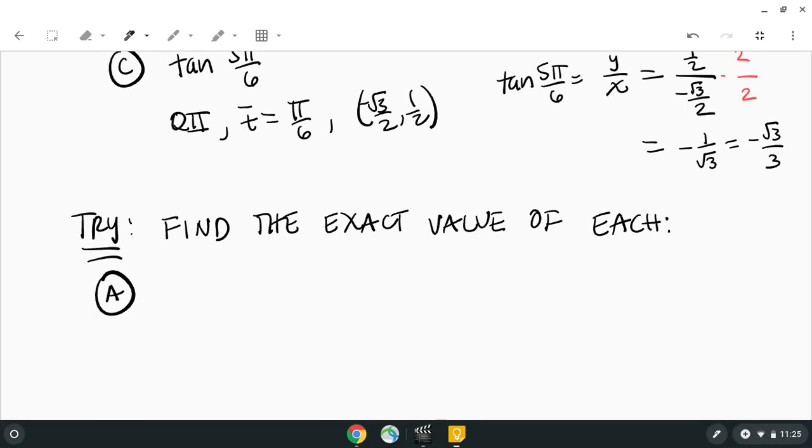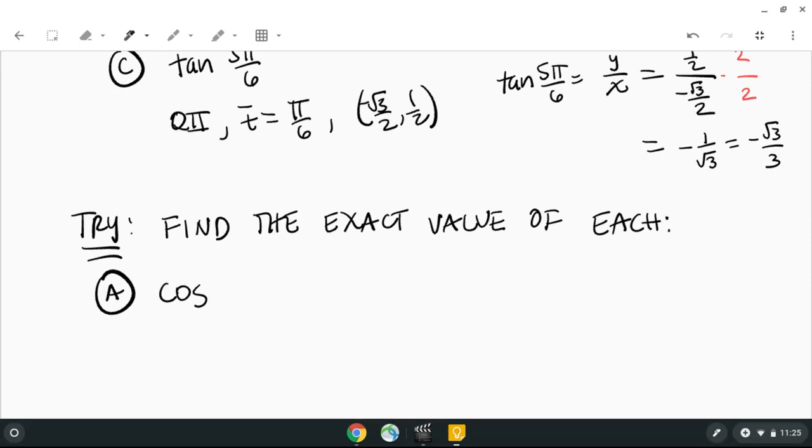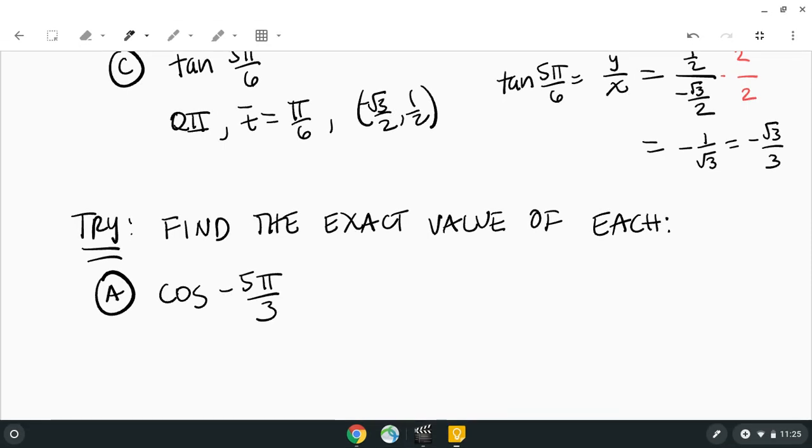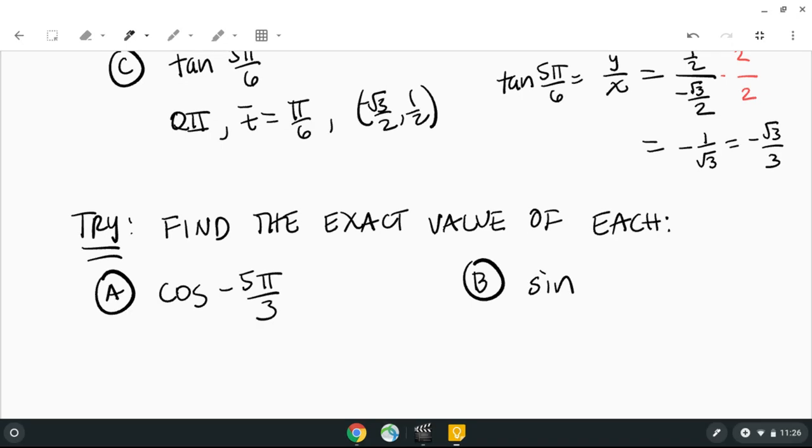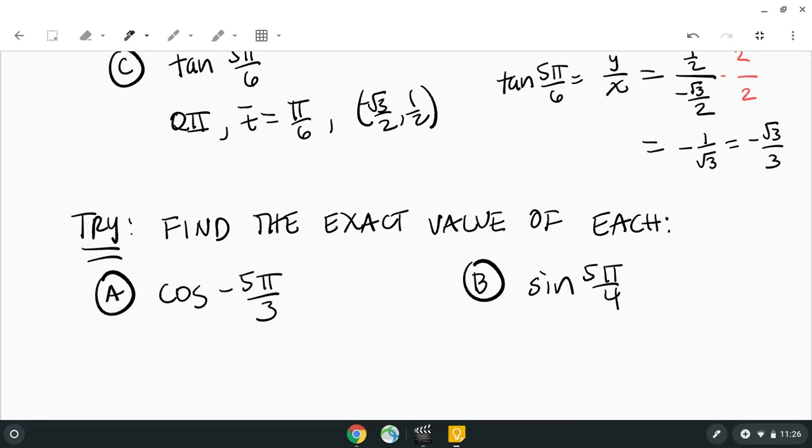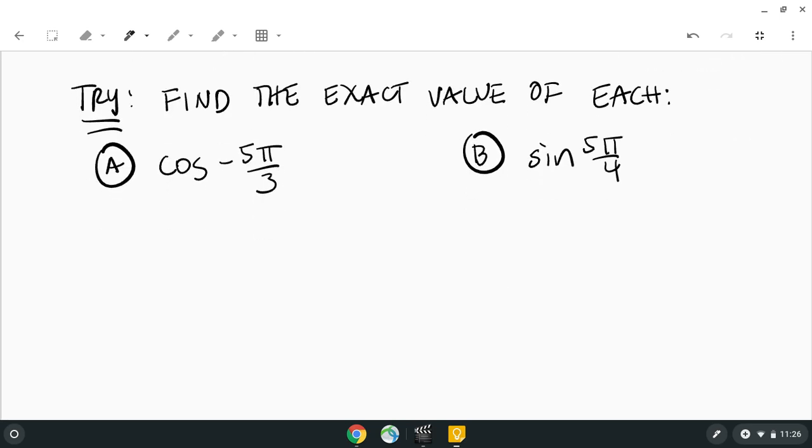Let's do cosine of negative 5 pi over 3, and then let's also do sine of 5 pi over 4. Go ahead and hit the pause button, and I am going to work these out myself.